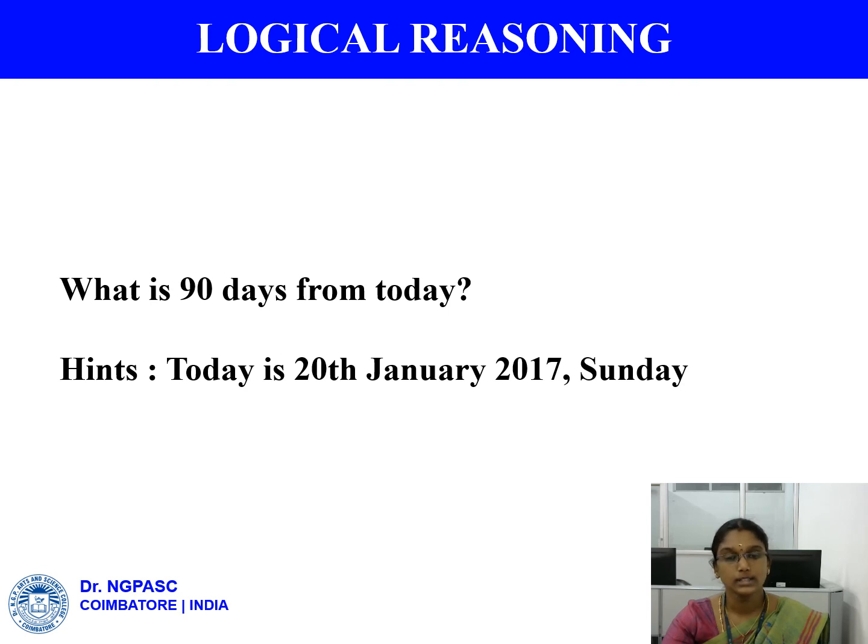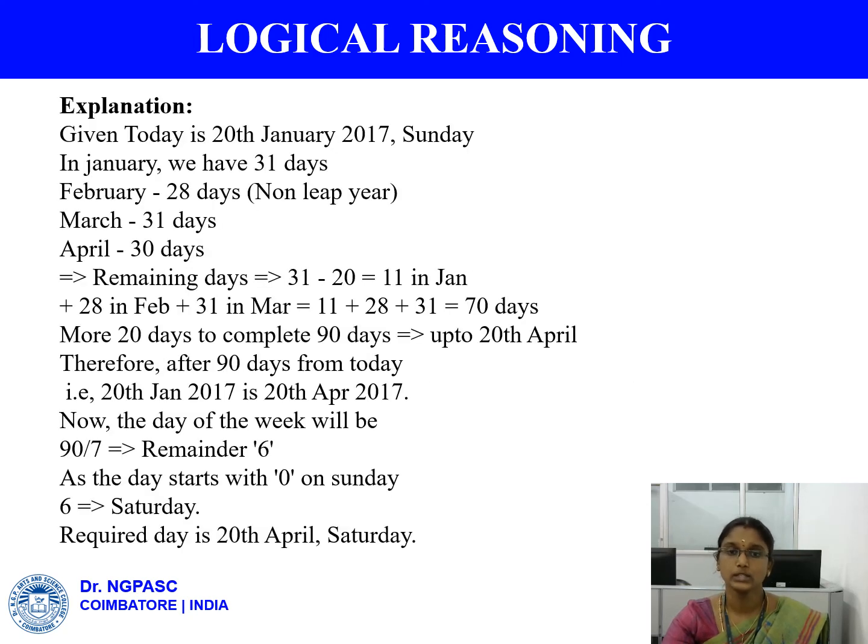Next, what is 90 days from today? Today is 20th January 2017, a Sunday. In January we have 31 days, February 28 days because 2017 is an ordinary year, March 31 days, April 30 days.